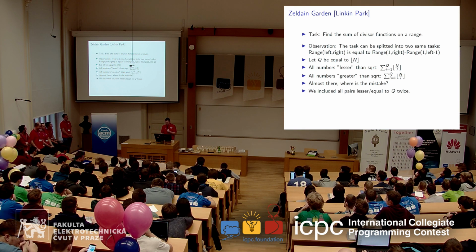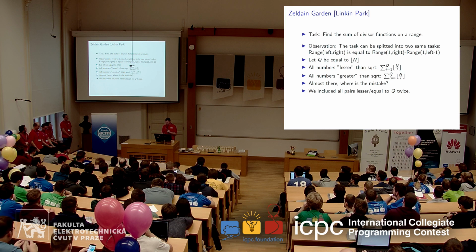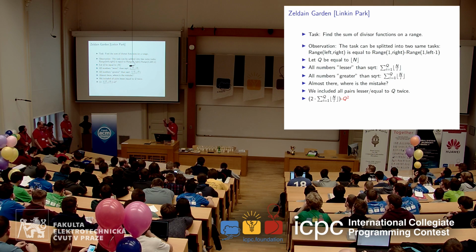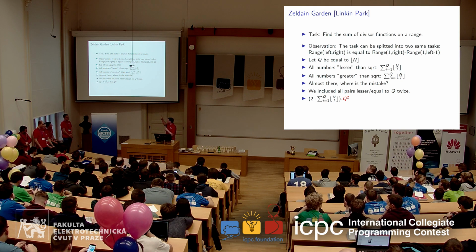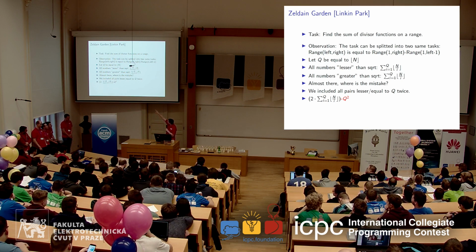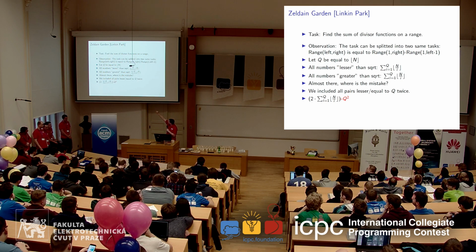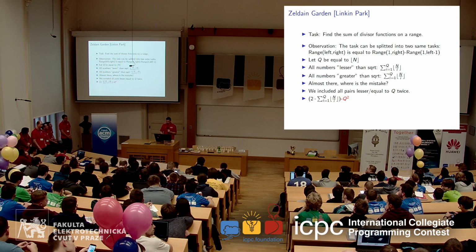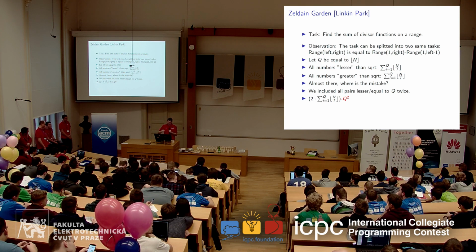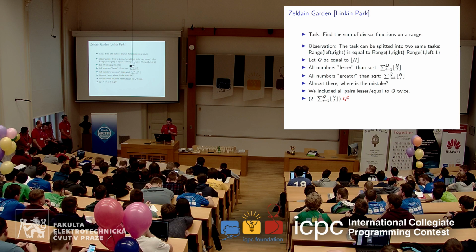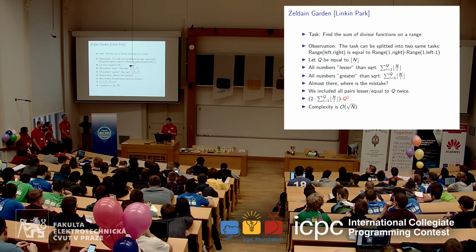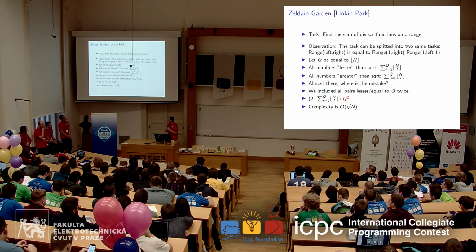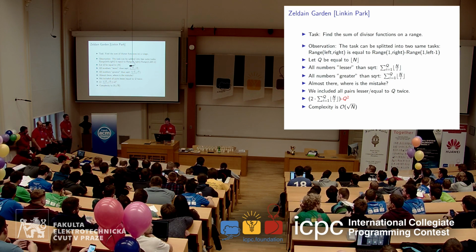So we just subtracted the second power of the floor of the square root, and this included all the combinations in which we made mistakes. So this is the formula for the answer, and the complexity is sqrt(n).